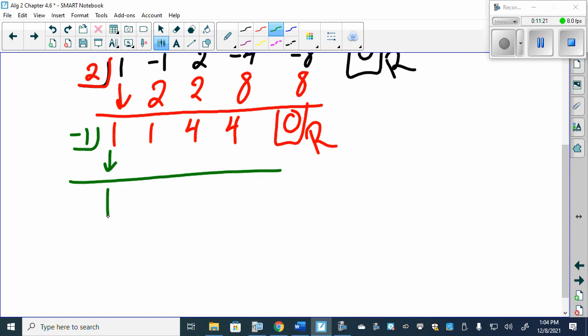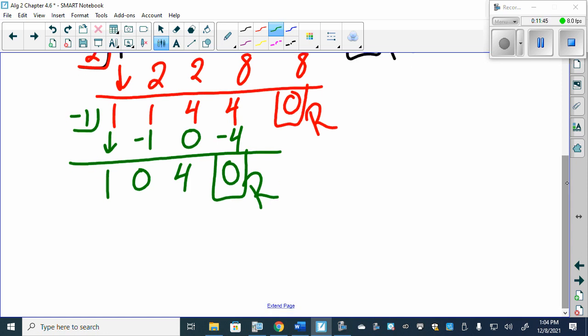So -1 times 1 is -1. 1 plus -1 is 0. 0 times -1 is 0, 4 plus 0 is 4. -1 times 4 is -4, and 4 plus -4 is 0. So this here is our remainder. So that does finally get us down to a degree 2, like we wanted.